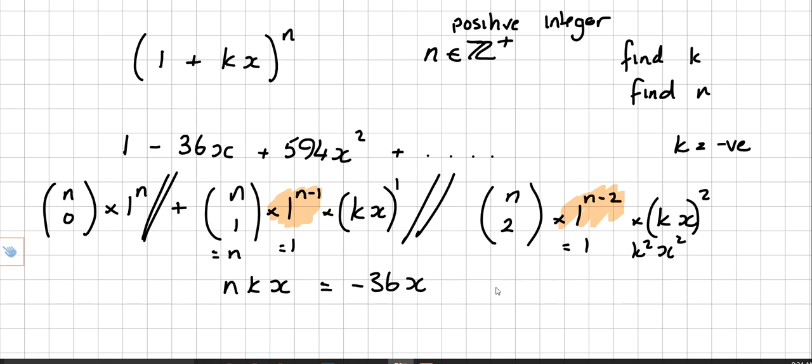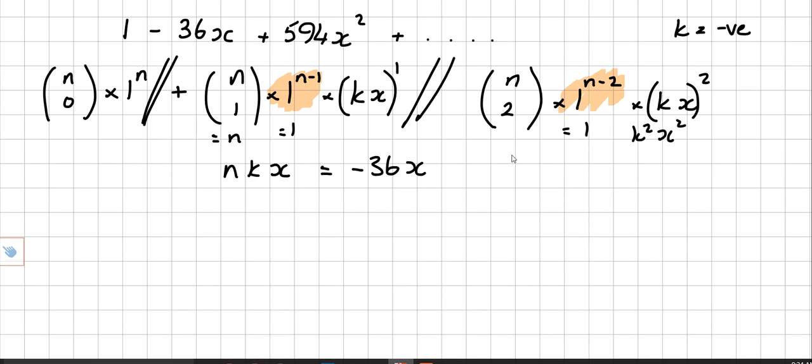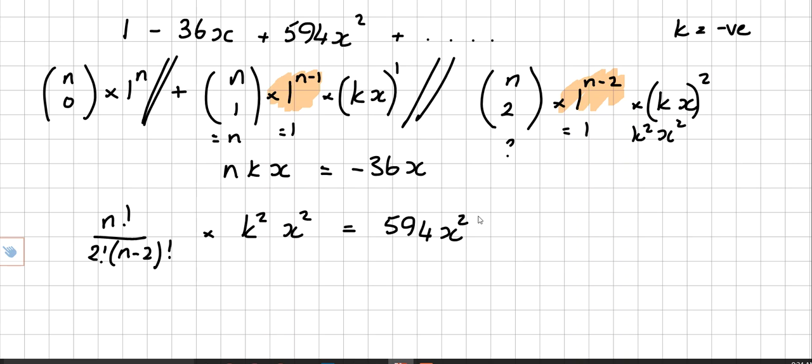So then my next piece of information is, bear with me, so this question mark will be n factorial over 2 factorial times n minus 2 factorial. We've dealt with that before, haven't we? So that's not scary anymore. Times k squared x squared. What do I know that equals? 594. Alright?